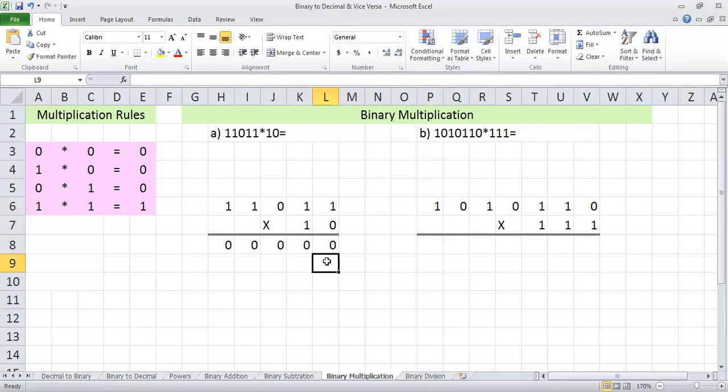Okay, now put a cross sign here. Now, any number multiplied by 1 will be itself. So I have to write the same number as in the question: 1, 1, 0, 1, 1. Now you have to simply do addition.